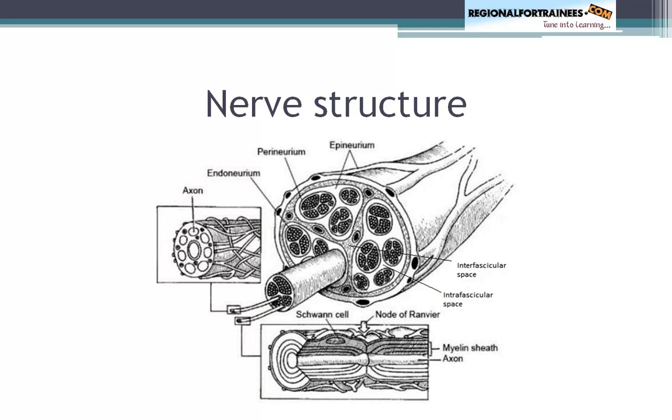Finally, what we also need to understand is the structure of a given nerve bundle. The axons are arranged together into fascicles, which basically are bound by an endoneurium.